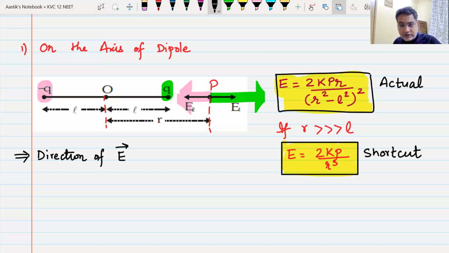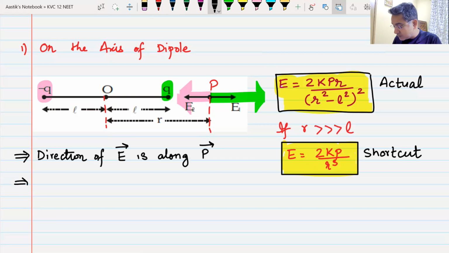If I take the point on the left side also, the field will be coming in the same direction. So the direction of the electric field is along the same direction as the dipole moment. It is always in the same direction as the dipole moment. This is a very important point that you must remember.